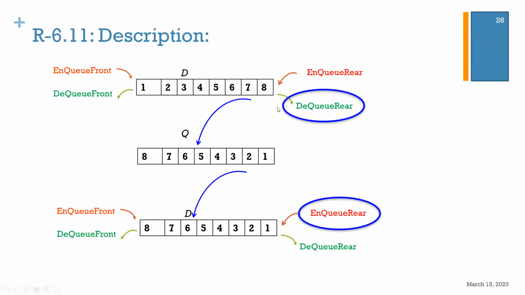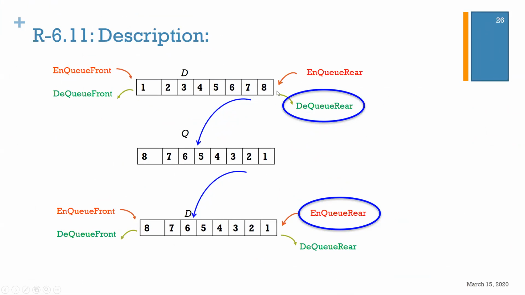So also, if you are using a DQ from the rear, you have to NQ at the rear again for this, right? So this will add for this Q only for DQ at NQ at the rear and DQ from the front. So this is 1, 2, 3, 4, 5, 6, 7, 8. You will DQ rear from the front.